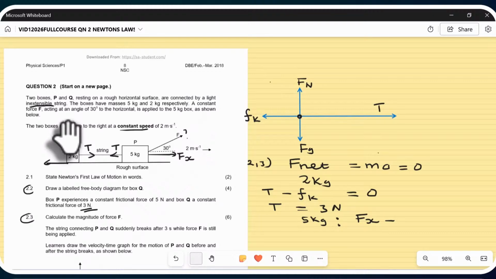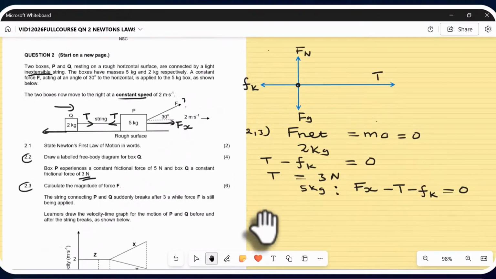Our tension, we already got 3. What about our Fk for the 5 kg block? They gave us that, block P, so it's plus 5 here.